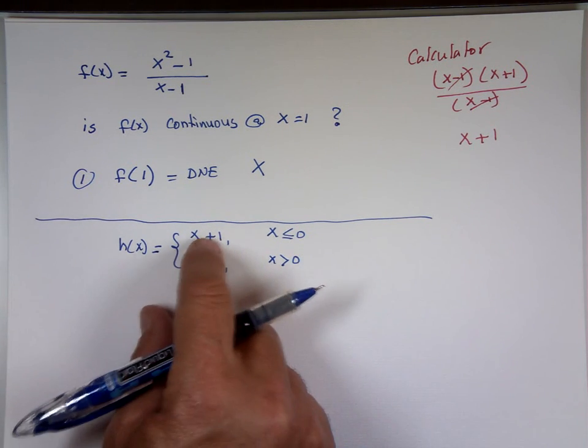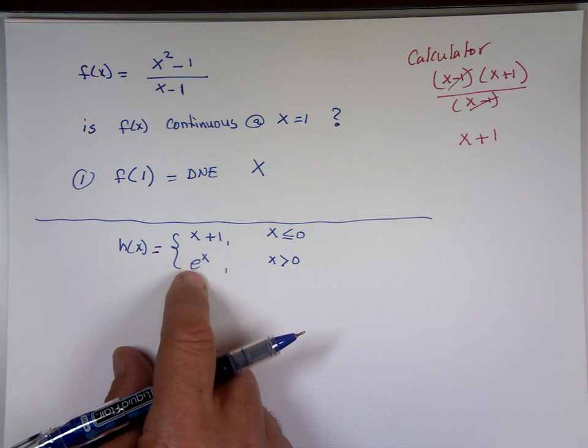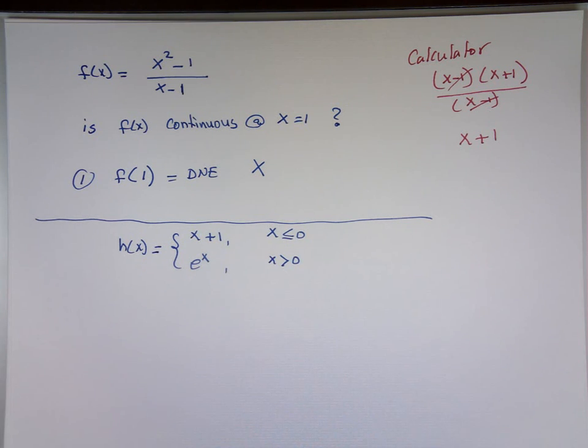By itself, this is continuous. By itself, this is continuous. If you're going to have any hole, it's going to be at 0. Where the two, do they touch each other? Do they meet? Do they fill in all the spots and continue with it?